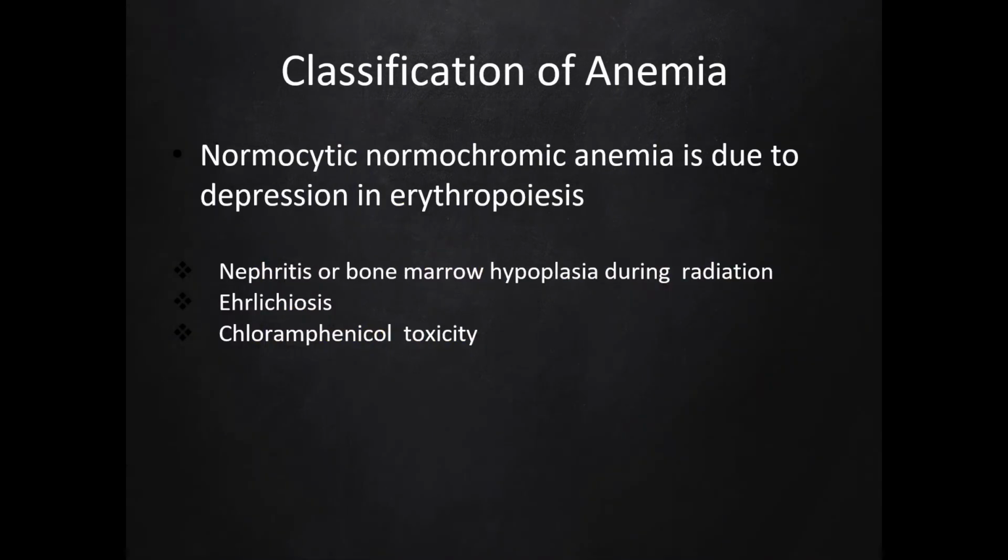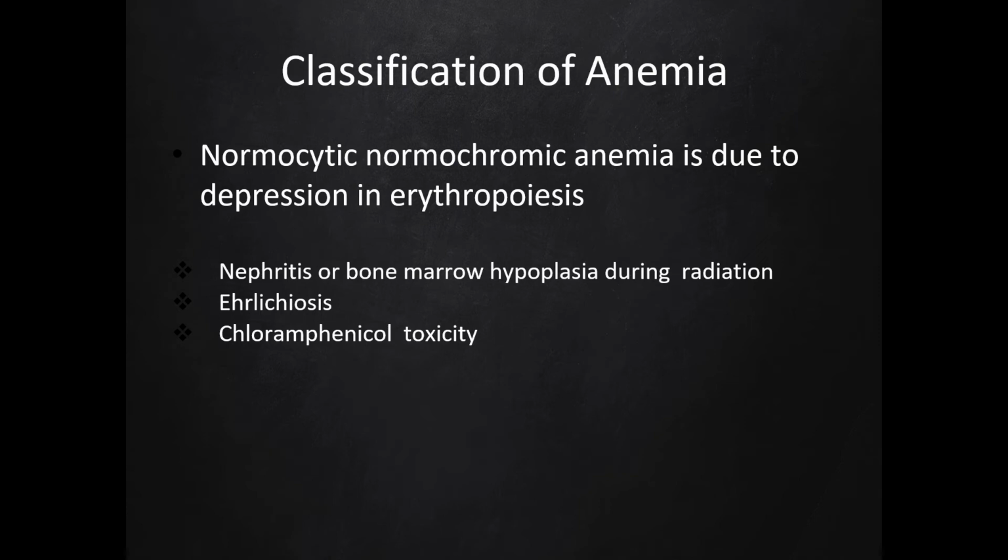Classification of anemia. Normocytic, normochromic anemia: normocytic meaning normal size of the red blood cells, normochromic meaning normal color of the red blood cell. This is due to depression of erythropoiesis.